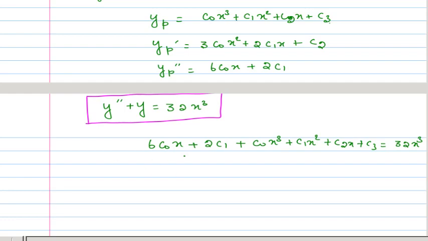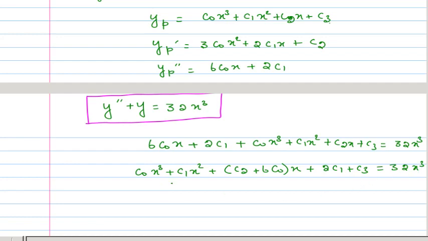Now I want to arrange the coefficients: c0 times x cube plus c1 times x square plus c2 plus 6 times c0 times x plus 2 c1 plus c3 equal to 32 times x cube.